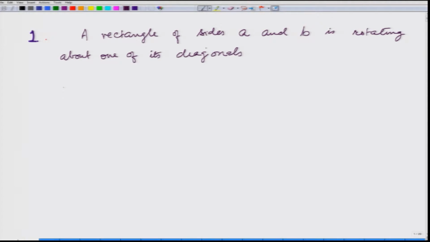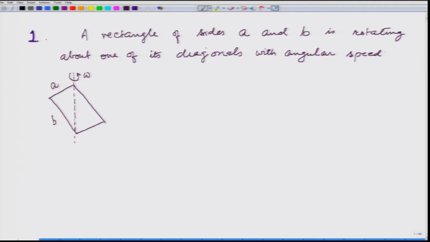So, what I am talking about is, here is a rectangle with sides A and B, and it is rotating about one of its diagonals like this, with angular speed omega.